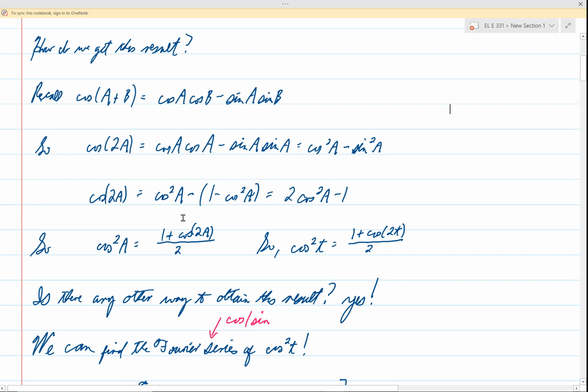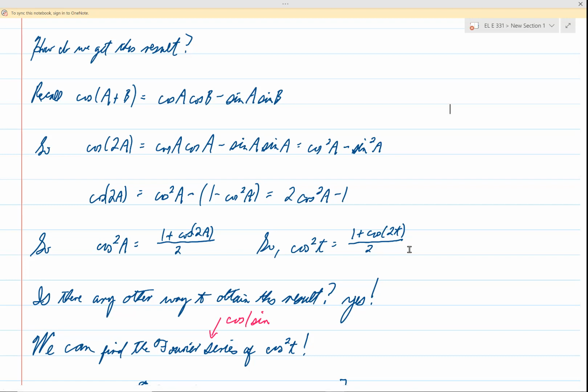And then if you take this 1 over to the other side of the equation and divide by 2, you arrive at the desired result. Cosine squared of a is equal to (1 plus cosine 2a) over 2. Or, of course, if we substitute t for a, then cosine squared t is (1 plus cosine 2t) over 2. So that is one way to arrive at this result.